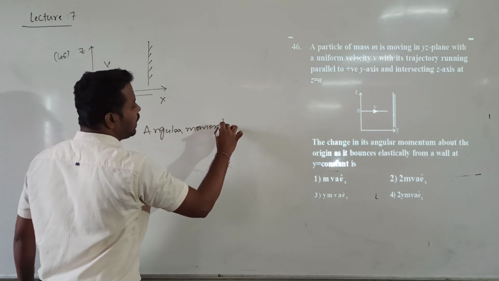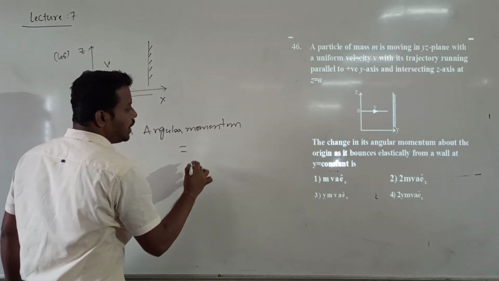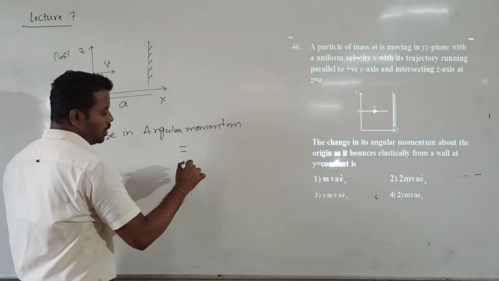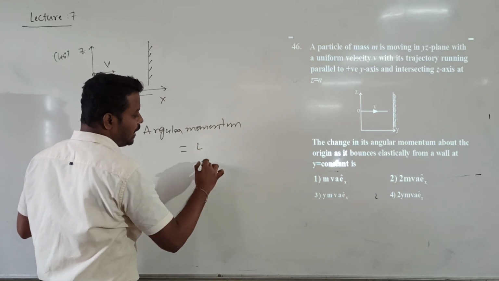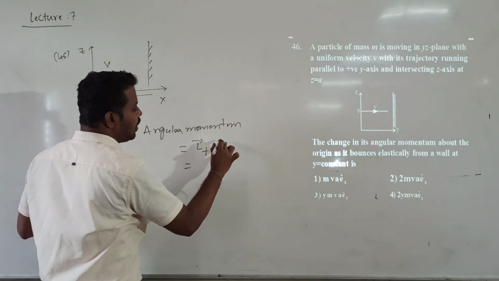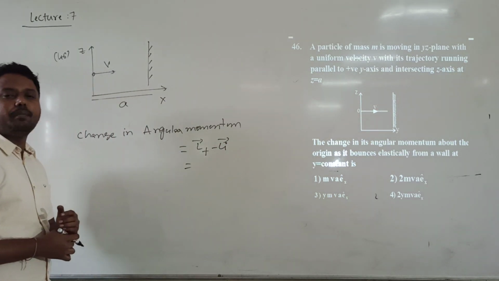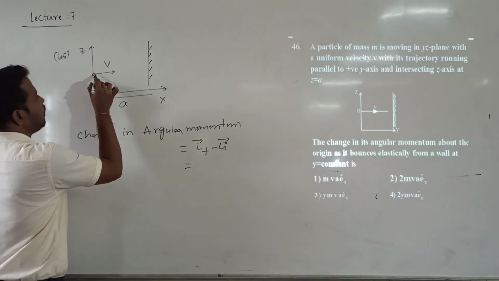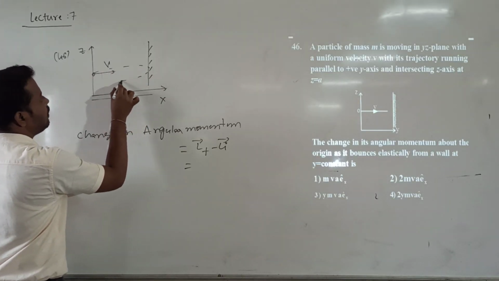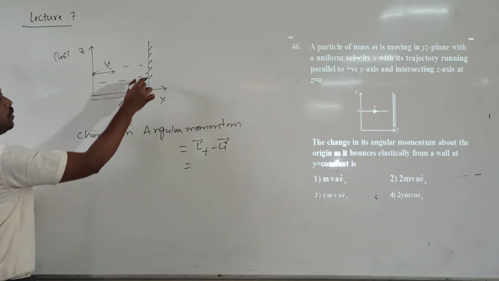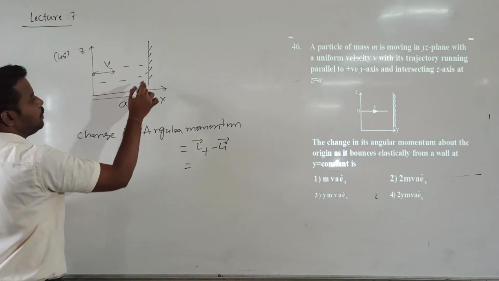The change in angular momentum is nothing but the initial angular momentum minus the final angular momentum. So what is the initial angular momentum? Final angular momentum L_f, so L_i minus L_f. Angular momentum is nothing but the moment of linear momentum. The particle will go in the forward direction, and again it will come back. If we consider it as one circular path, one complete rotation, then the radius will be equal to e.